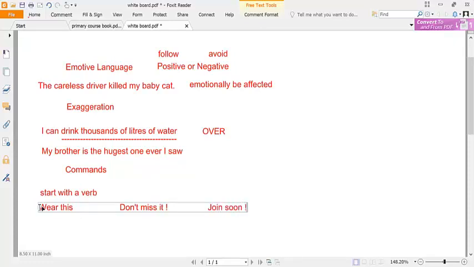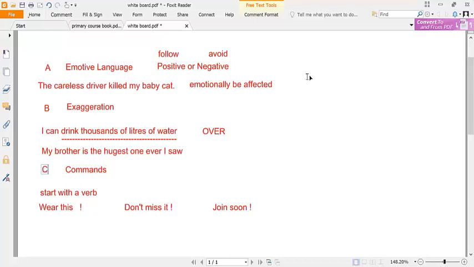All of these expressions are orders or commands. So the 3 techniques of persuasive language we studied are: number 1, the emotive language; 2, the exaggeration; 3, the commands.